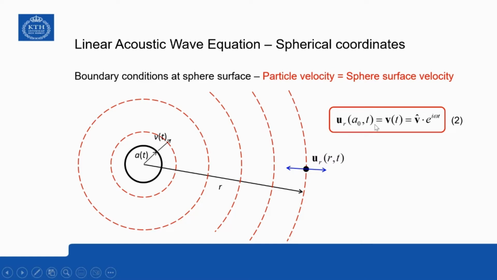So this boundary condition must be satisfied from physical reasons. So the particle velocity, the radial component of it, evaluated at the sphere surface, must be equal to the sphere's surface velocity, v.